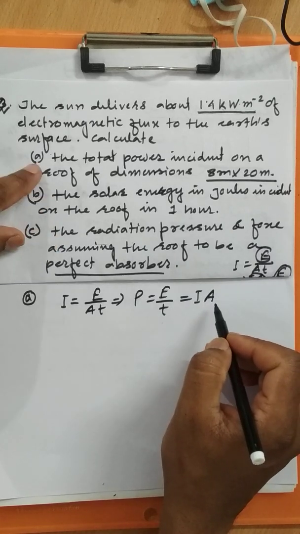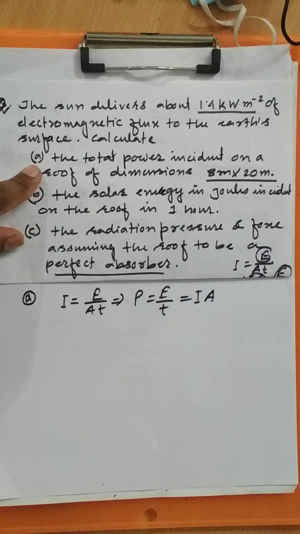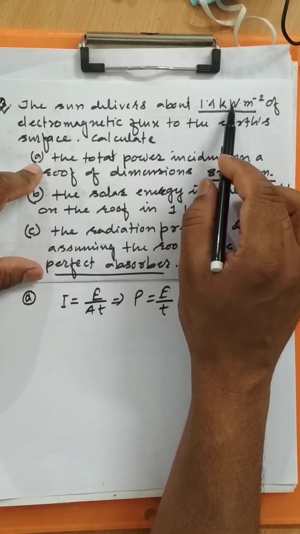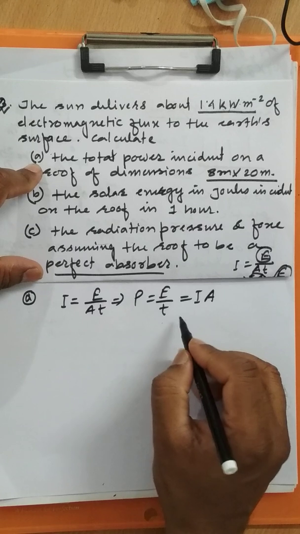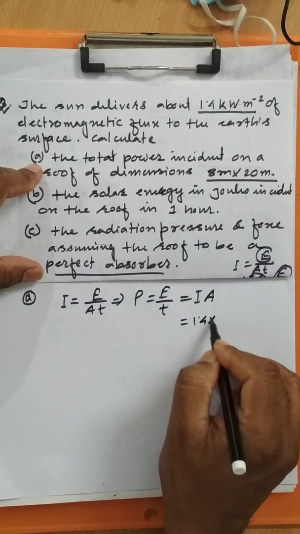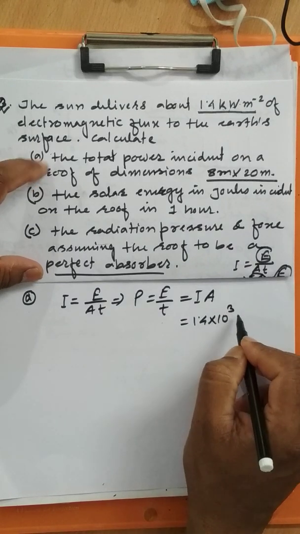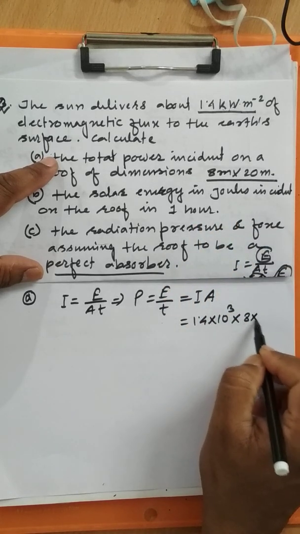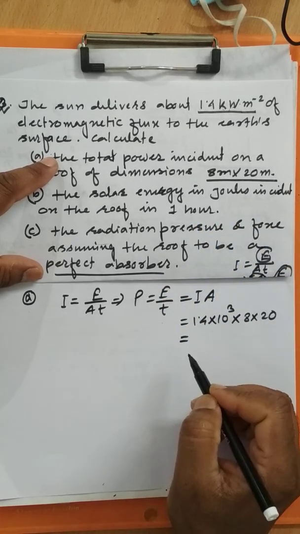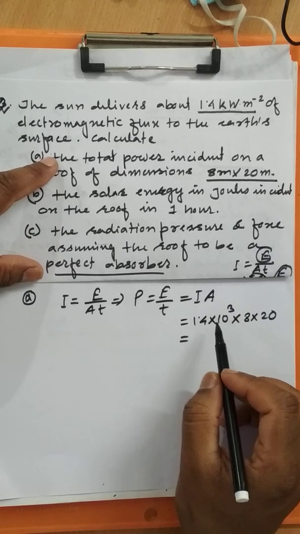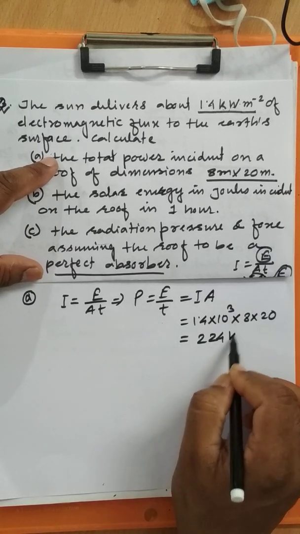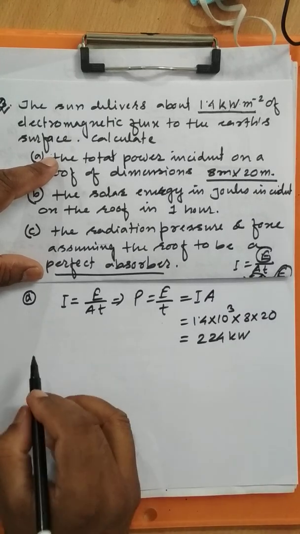So the first answer we get by multiplying intensity, which is energy per second per meter square, 1.4 into 10 to the power 3, and area is 8 by 20. This is the power of the incident radiation. This will come out to 224 kilowatt.